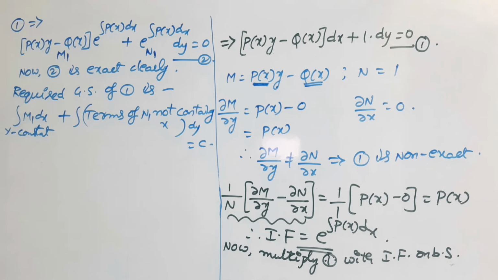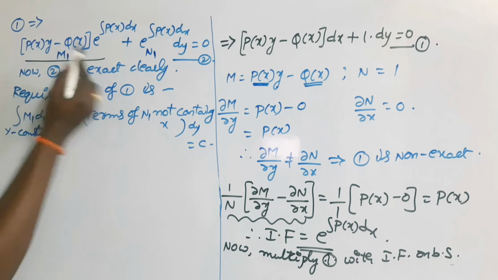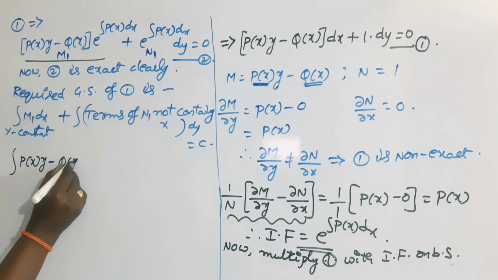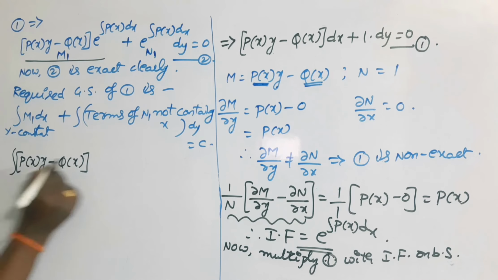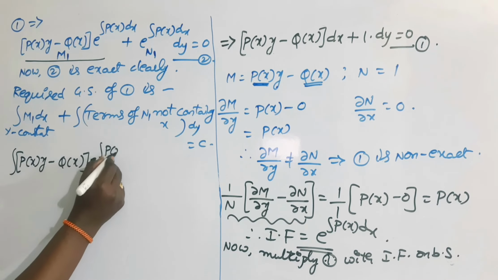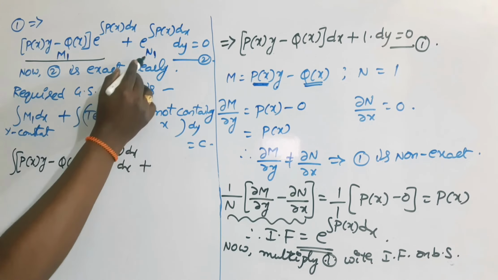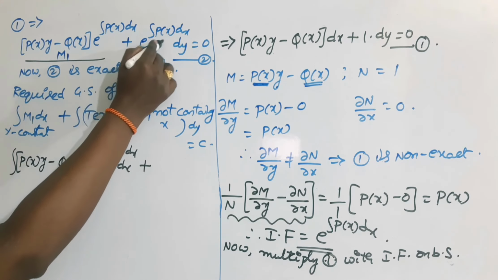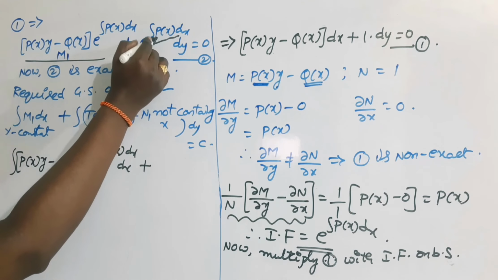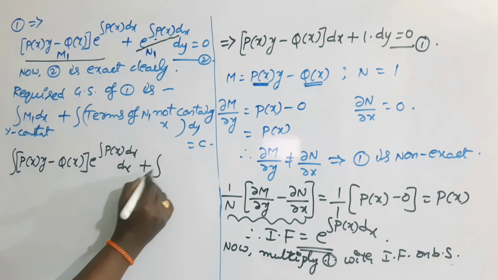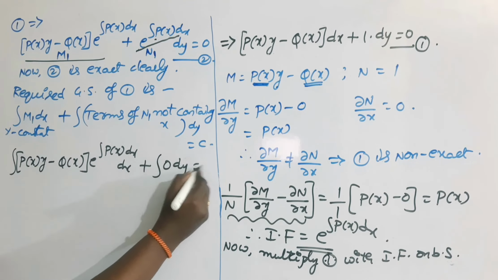Okay, replace the values. What is integral m1? You should write all terms of m1. So integration of (p of x into y minus q of x) whole into e power integration of p of x dx into dx, plus here n1 contains e power integral p of x dx. So clearly this term contains the x variable, that's why don't take any term from n1, it would be 0, is equal to c.